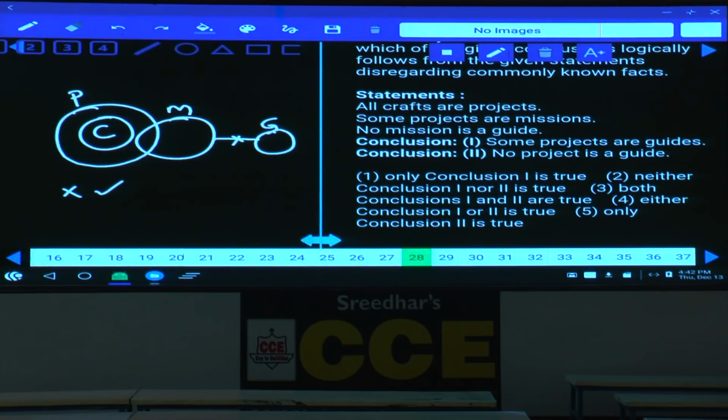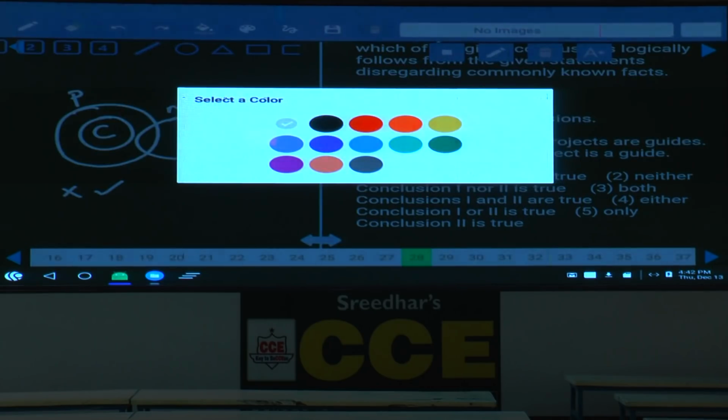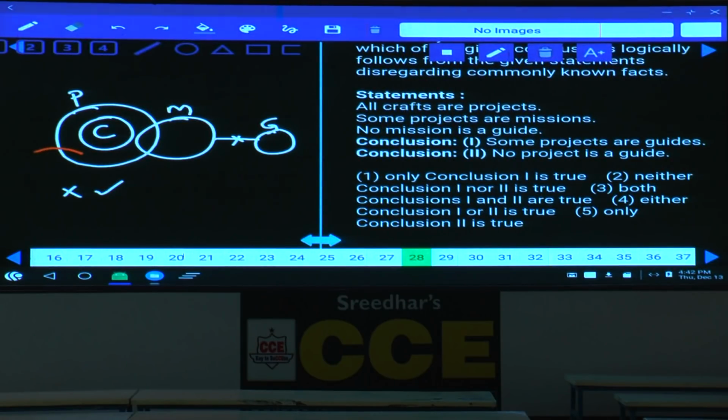Now the second conclusion is definitely true, as the second conclusion is what? The second one is a negative conclusion. To make this one false, now we need to prove some projects are guides. Tell me whether we can prove like that or not. Some projects are guides means project and guide should be like this. Tell me whether we can represent like this or not. Now this guide should not be intersected with mission, but it can be intersected with project.